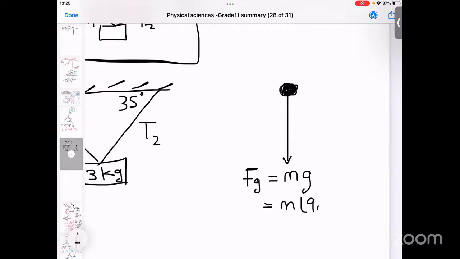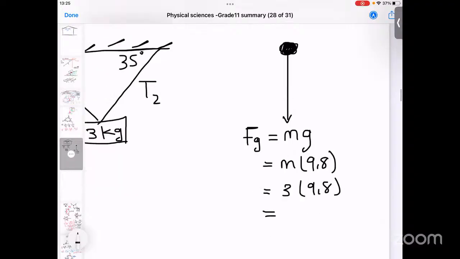It is always 9.8, the gravitational acceleration, or the acceleration as a result of the force of gravity. The mass we just said is 3. So 3 times 9.8 gives 29.4 Newton.